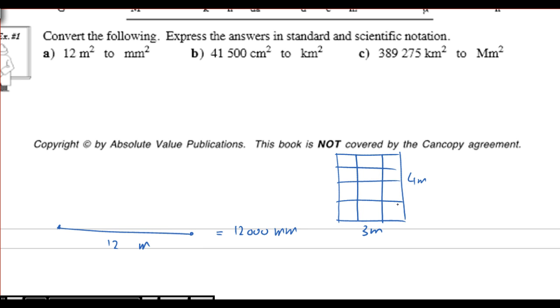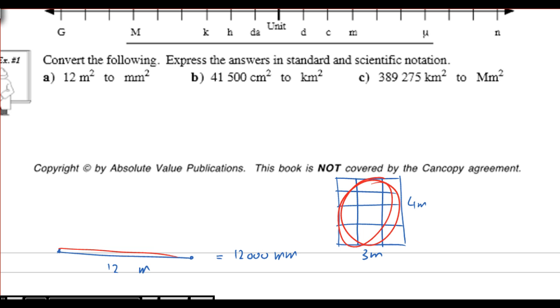Now, how do we convert this to millimeters squared? It's going to be a little different than just multiplying these together to get 12 and then converting it using this, because we're dealing with area. There's a lot more millimeters involved. It's going to take many more squared millimeters to cover this area than it is just to cover this line. As you're going to see in a second, this is how we're going to do this.